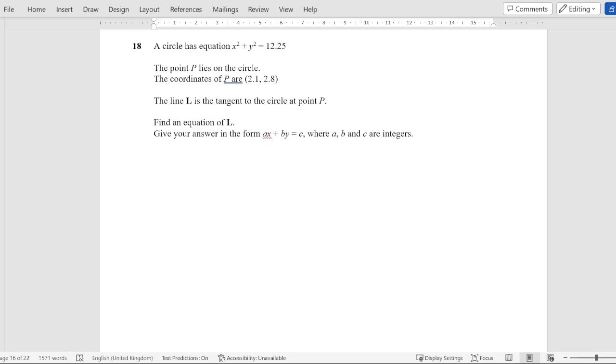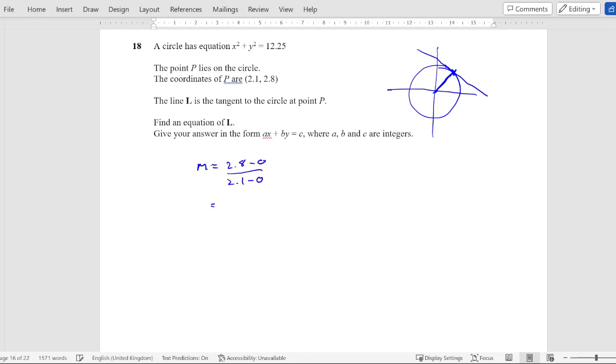Okay, so in effect, the circle is centered at the origin, and we've got P there, and we want to find the equation of the line. So the first thing that we're going to do is work out the gradient of the line between the center of the circle and point P. So that's going to be equal to, and it's quite nice, 2.8 minus 0 divided by 2.1 minus 0.